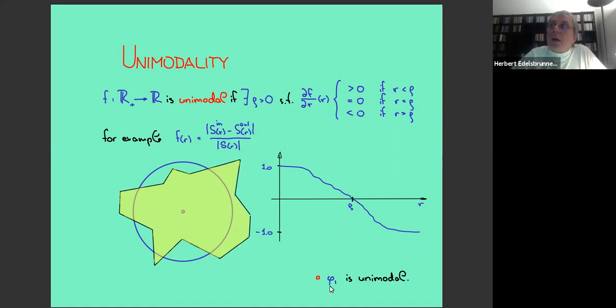But I would like to mention why unimodality is useful. The reason it's useful is because when you have a lattice and the soft density is unimodal, then this means that there's a unique radius. So you could grow the spheres until it reaches this maximum, this equilibrium position.